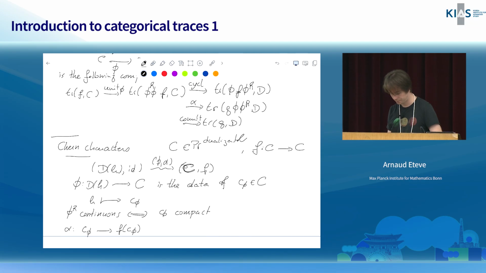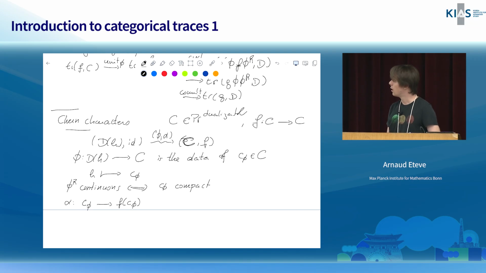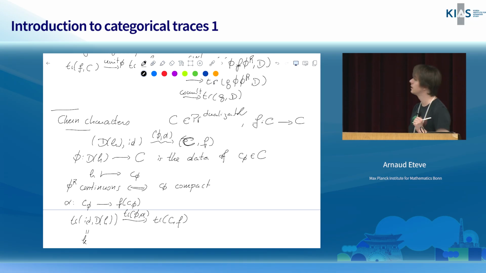And once we have this, we obtain a map from the trace of the identity on dk to trace of phi alpha, to trace CF. The trace of the identity on dk is just K itself, a one-dimensional vector space.